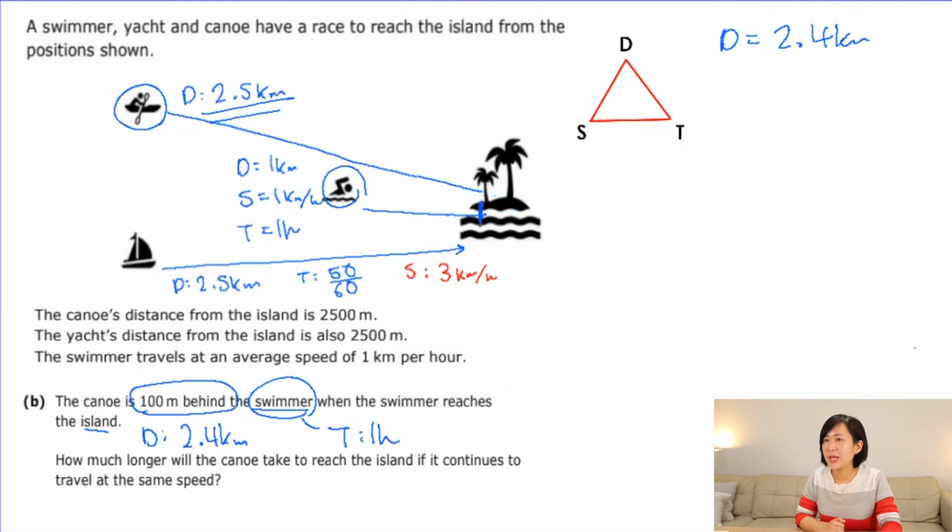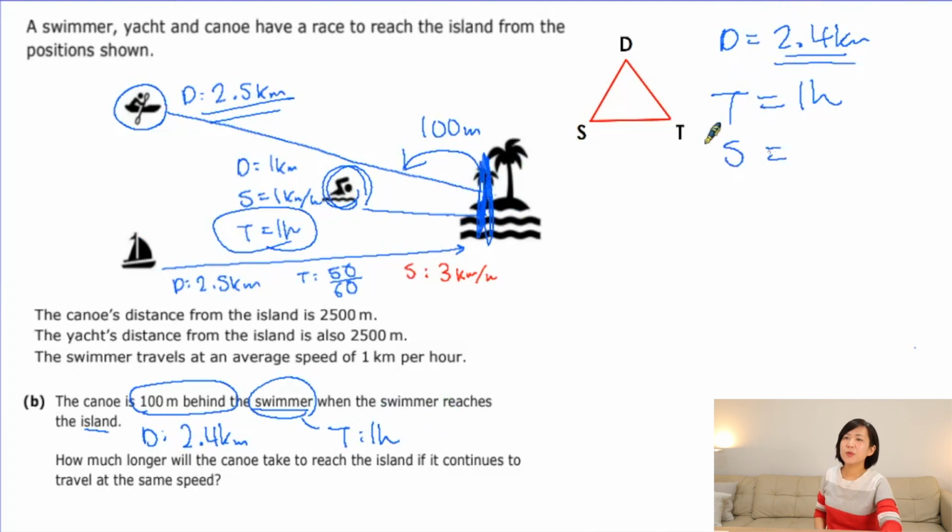And as we know, time is 1 hour as the swimmer already reached the island, so 1 hour. Then from this information, we can calculate the speed of the canoe, right? So the speed is distance divided by time. So that is 2.4 kilometers per hour. So now we know that the speed of the canoe is 2.4 kilometers per hour.